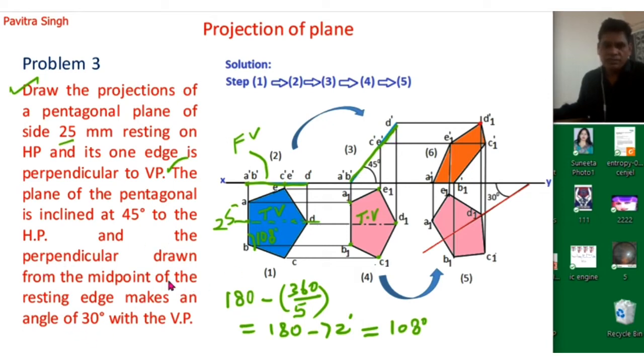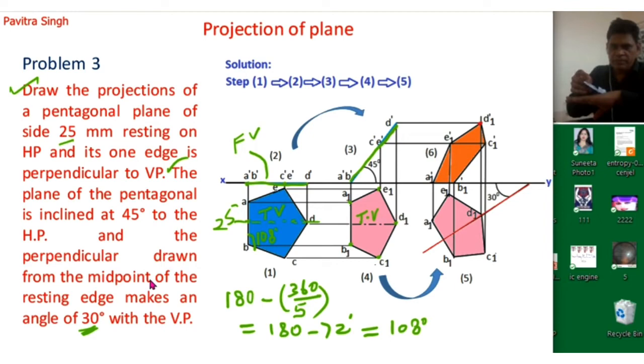Again we will follow the third condition, which says that this plane is again inclined 30 degrees with the vertical plane. Previously this plane was like this, and it was inclined 45 degrees with the horizontal plane.